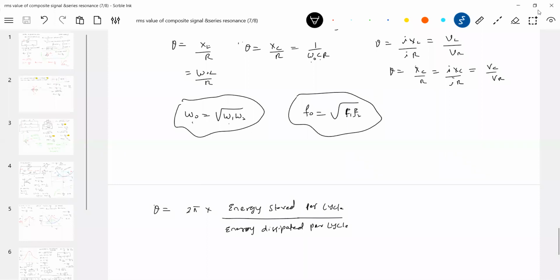Whatever current flows across the inductor or capacitor, that is the energy that is stored here, and it will be returned back. So energy stored per cycle by energy dissipated per cycle. I think here is the basic idea, it will come into picture now. So the quality factor will be good when the energy dissipated per cycle is less, then the quality factor is supposed to be high.